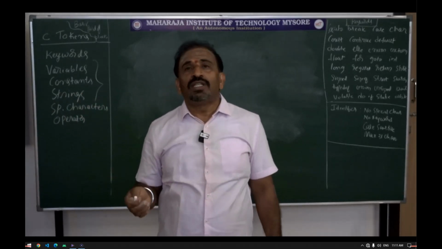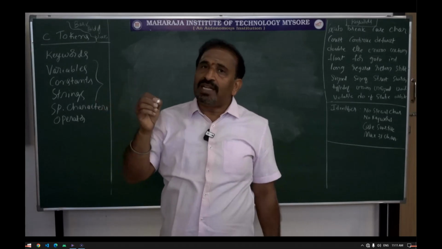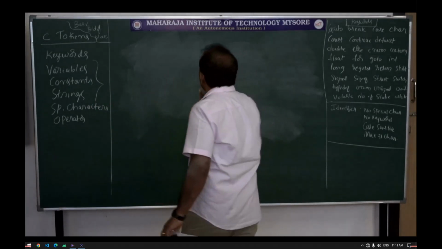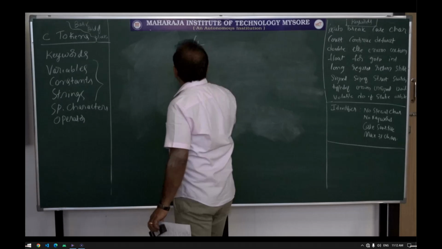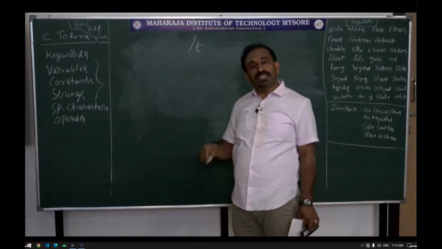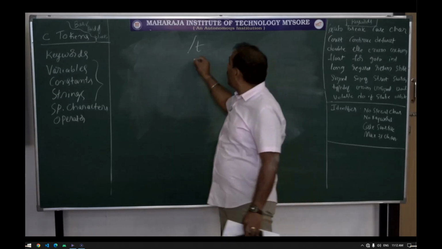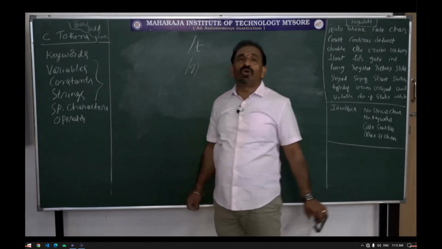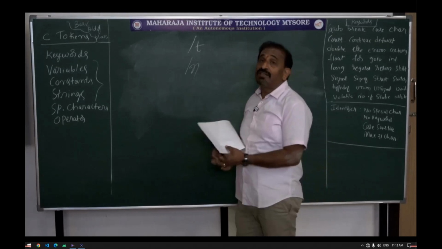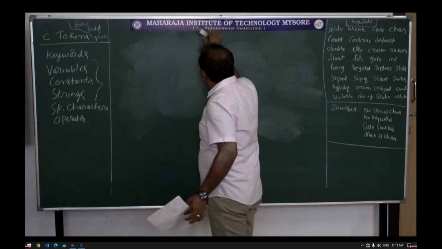Where are these used? Say for example, you have a special character like /t. When you get /t, you need to move a tab. When you write /n, you go to the new line. All those things, we will be using them along with the print statement.